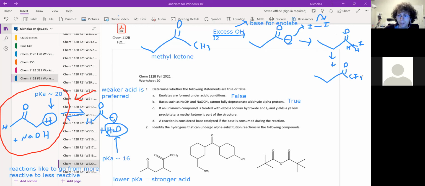And I don't know if this is a detail you really have to know, but this group is kind of like a leaving group. Like in chapter 21, you saw carboxylic acids and esters and acid halides, all of those functional groups.